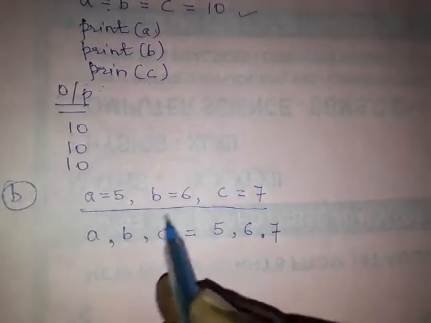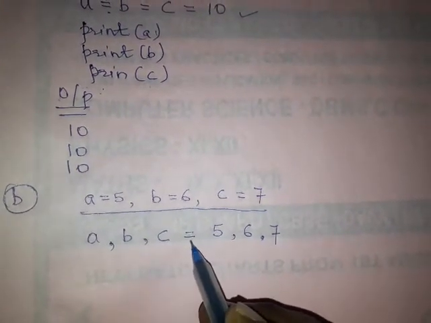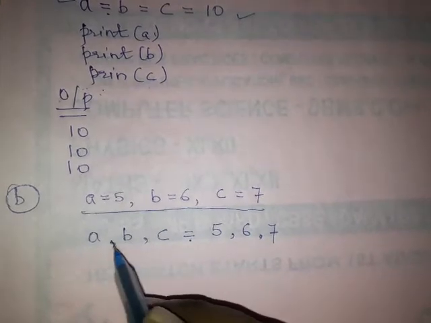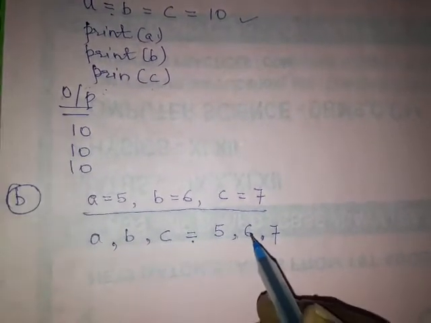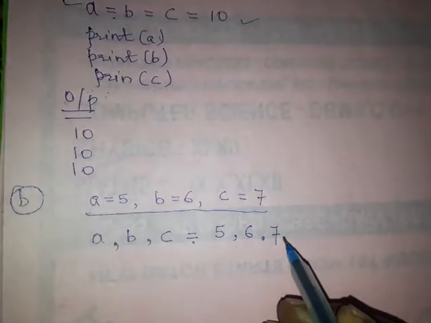Okay, here, on the left hand side of this assignment operator there is an equal number of variables and on the right hand side an equal number of values. This is the case.